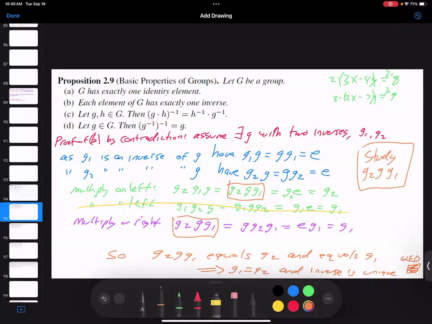When I write G2, G, G1, what does that mean? How do I actually perform that? How would you compute G2, G, G1? I can only combine things in pairs. So how would I compute it?